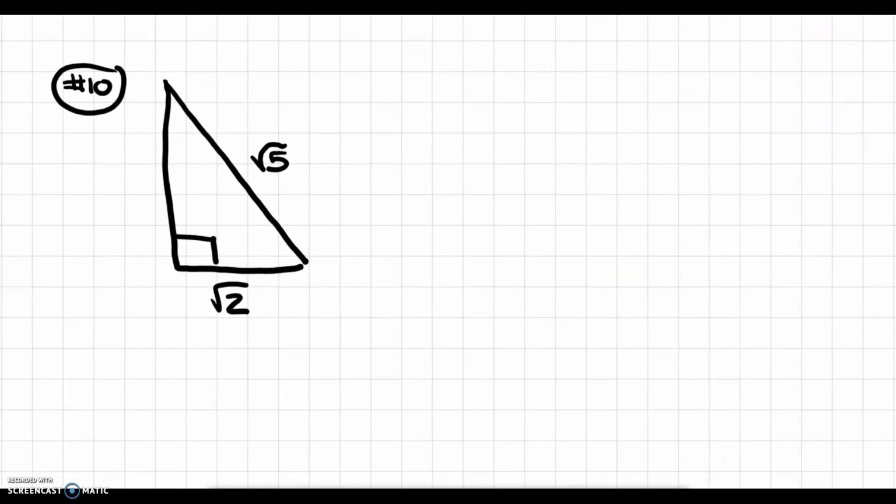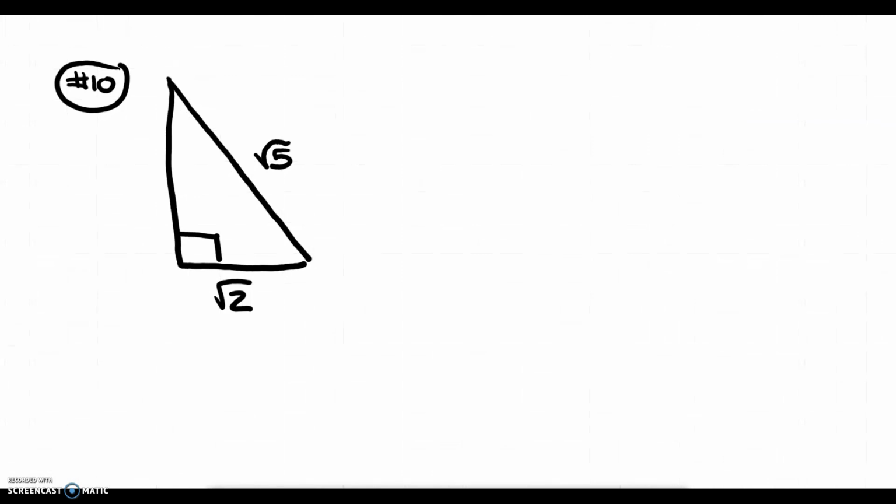And this is going to be the last example we do. This is just like problem number 10, very similar. Step number 1, identify your hypotenuse and label it C. Step number 2, label the other sides A and B. Step number 3, set up our Pythagorean equation.